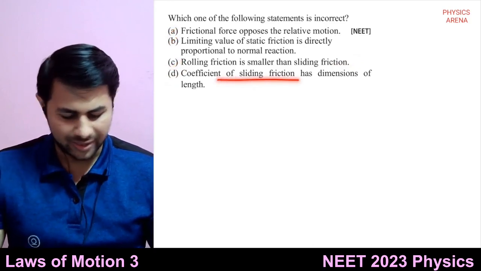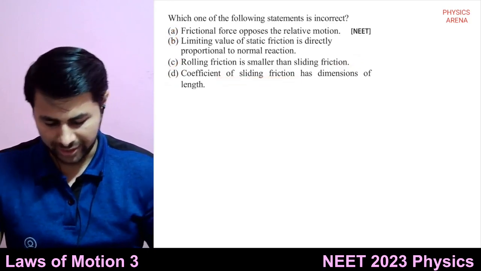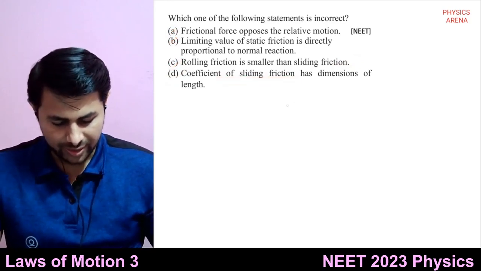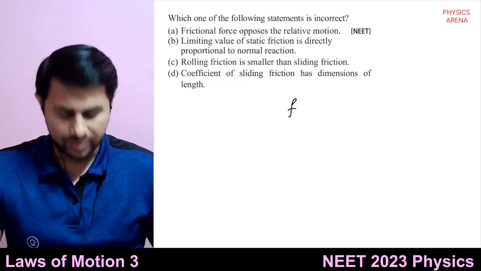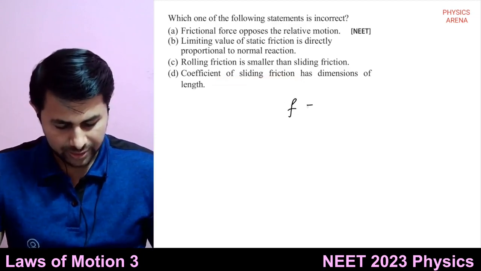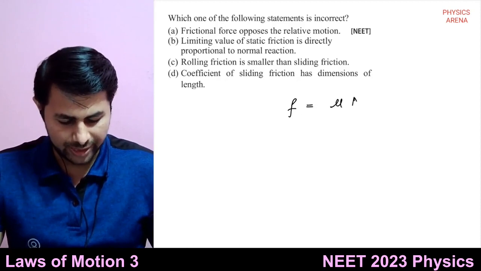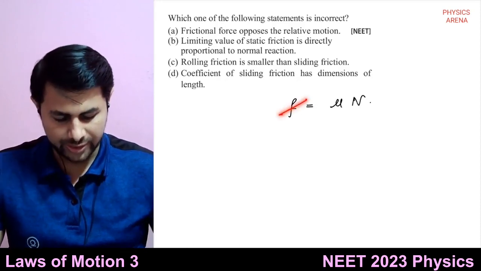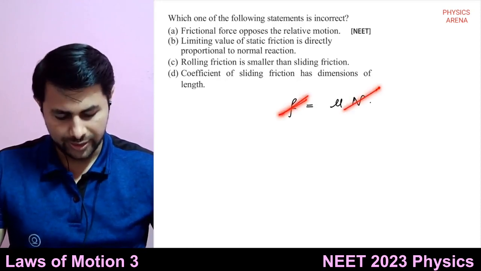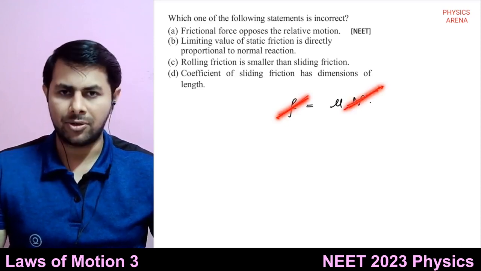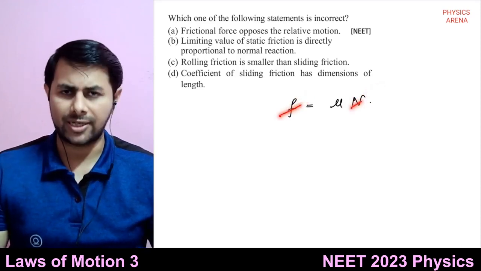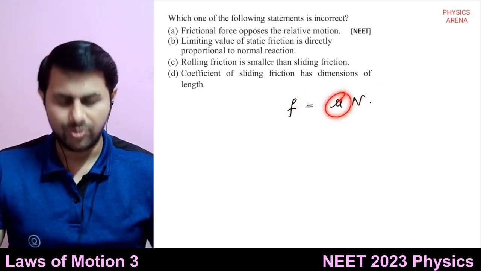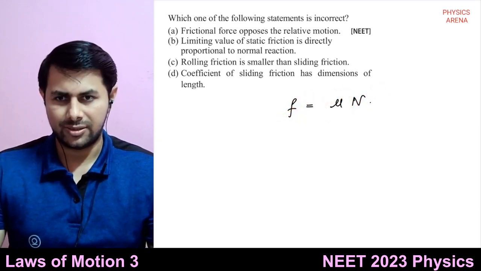Coefficient of sliding friction has dimensions of length. We can see this. Friction is equal to mu times normal reaction. So this is a force, this is a force. Dimensions of frictional force and normal reaction are the same. That means mu is dimensionless.